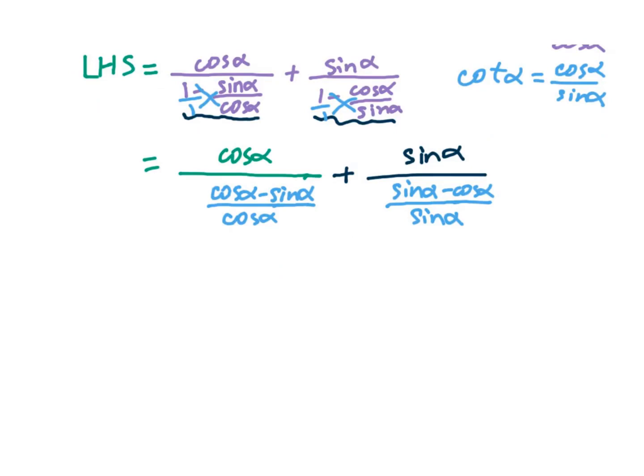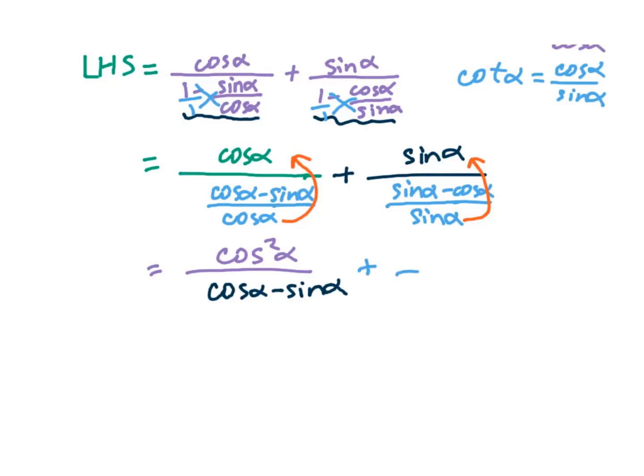This time we have a clear division line, so I can jump the denominator. Therefore, I got cosine alpha times cosine alpha, that's cosine square alpha, over cosine alpha minus sine alpha, plus sine square alpha over sine alpha minus cosine alpha.